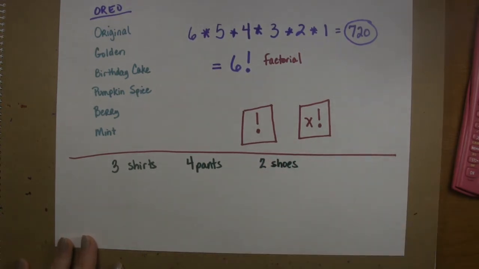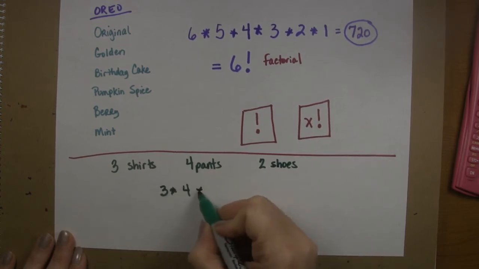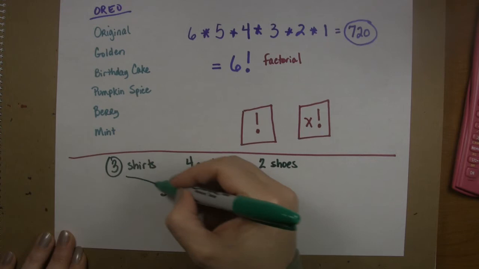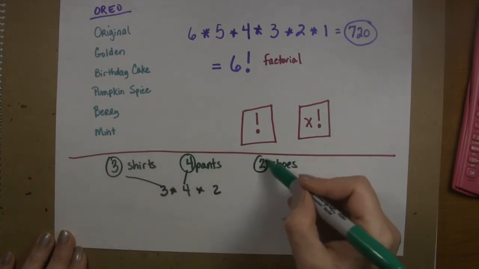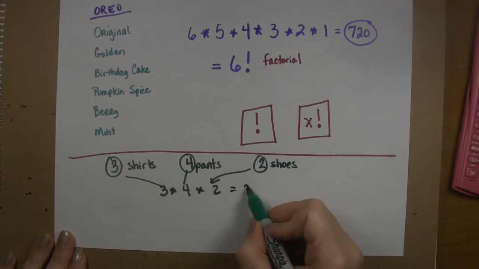How many different outfits can you make, assuming that you're going to wear 1 shirt, 1 pant, 1 pair of shoes? Well, to do that, we do 3 times 4 times 2. 3 times 4 is 12, times 2 is 24.